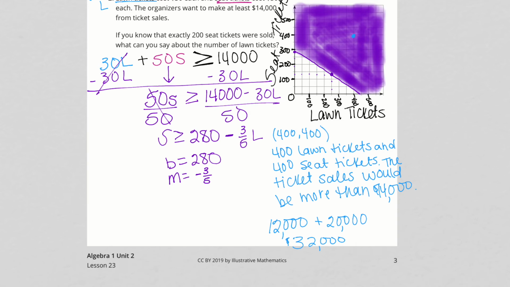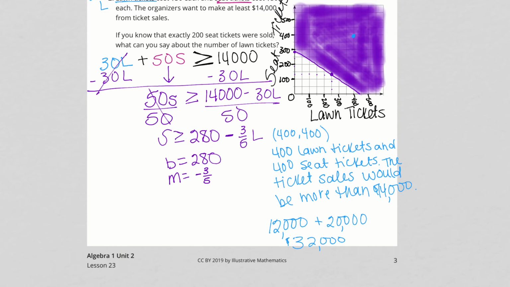So if you know exactly 200 seat tickets were sold, what can you say about the number of lawn tickets? So if I look at my seat tickets, what is my lawn tickets going to be? We can just plug in like we did last time.